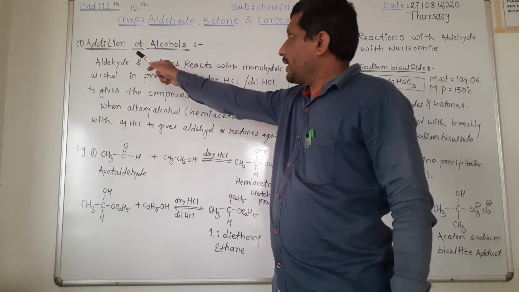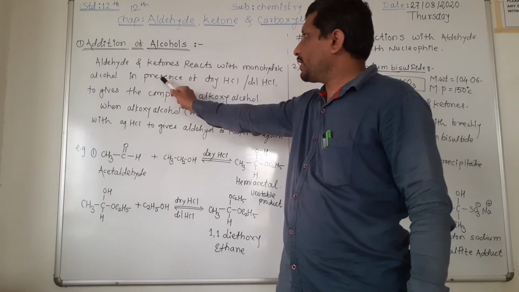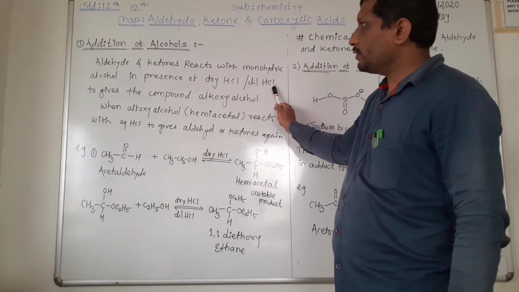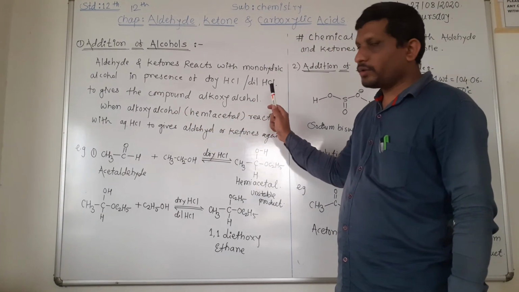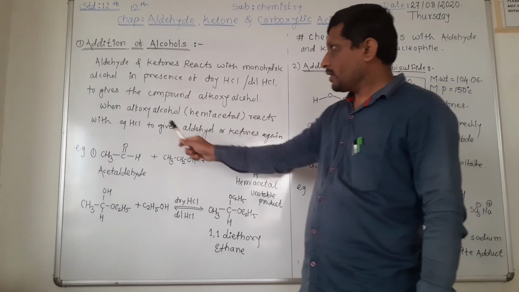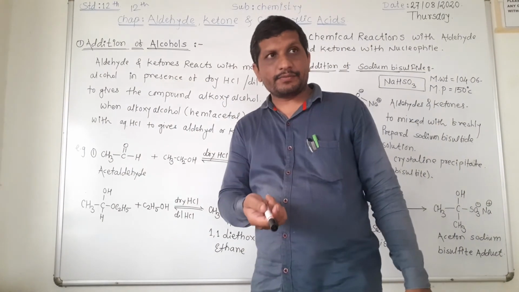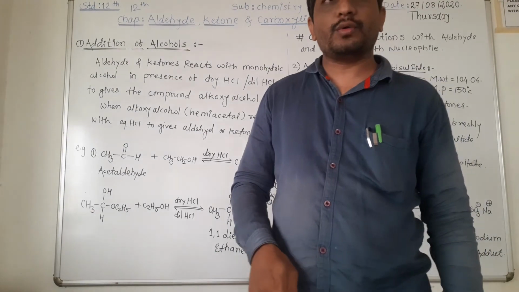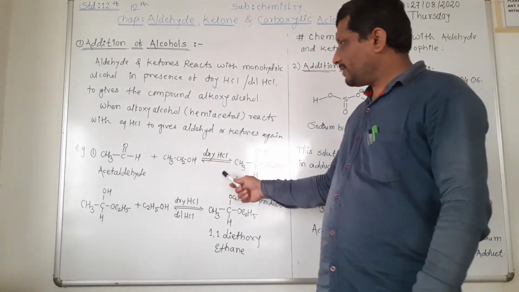Here is the addition of alcohol: aldehyde and ketone react with monohydric alcohol in presence of dry HCl, dilute HCl to give the compound alkoxy alcohol, known as hemiacetal also. When this alkoxy alcohol or hemiacetal reacts with an aqueous solution of hydrochloric acid, it gives the product of ketone, a reversible reaction.